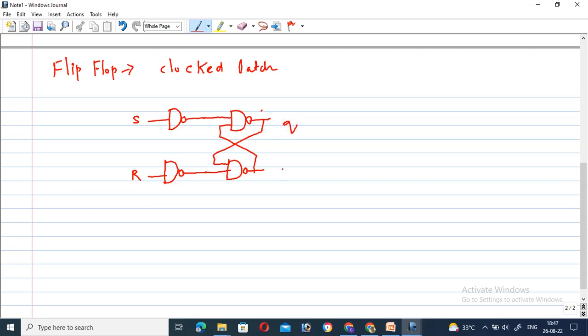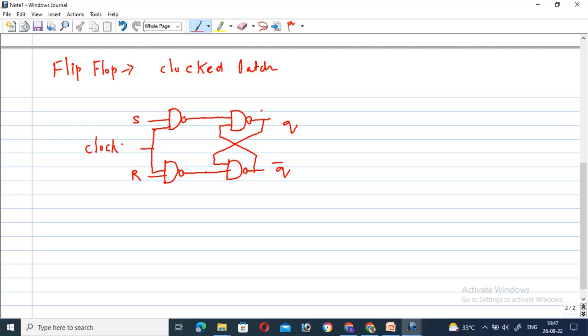This is Q, this is Q bar, right? In order to control this SR latch, we need a clock signal. So for that purpose, I will take a clock signal here. This is the circuit diagram for the SR flip-flop.